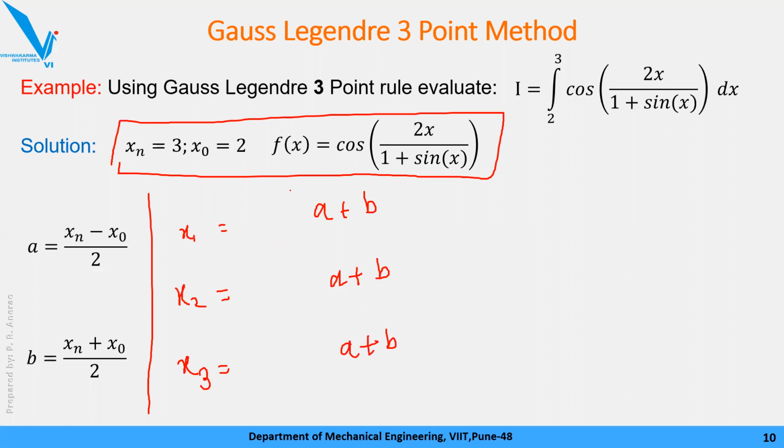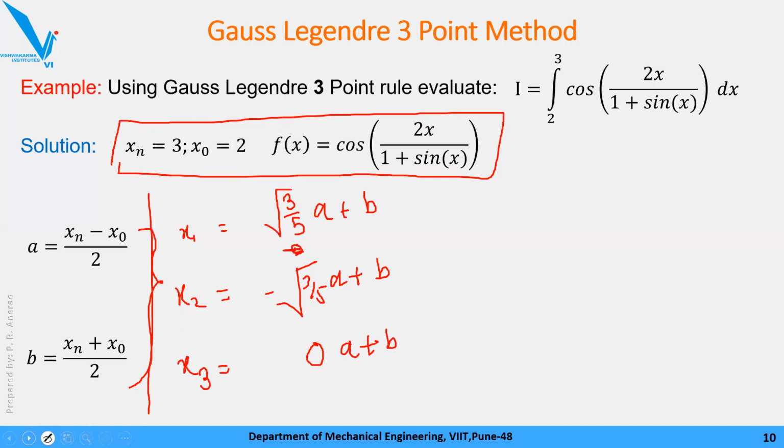The procedure I follow to remember this: the coefficient weightage of a is positive √3/5. Here it is negative √3/5. And here, the midpoint of these two will be 0, so 0 weightage. So 0 times a plus b. a and b we have calculated here. Put them into the formula of x1, x2 and x3.